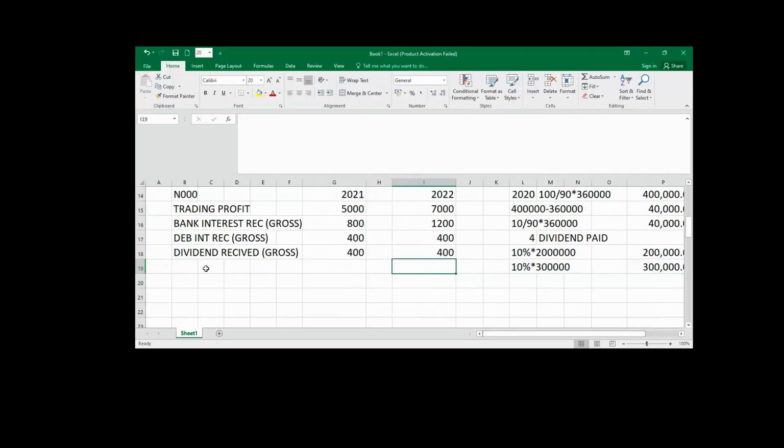You now add up these to get what? This will give you the total income. We have the addition of all this to get our total income.